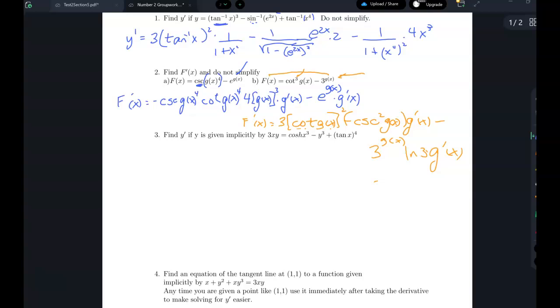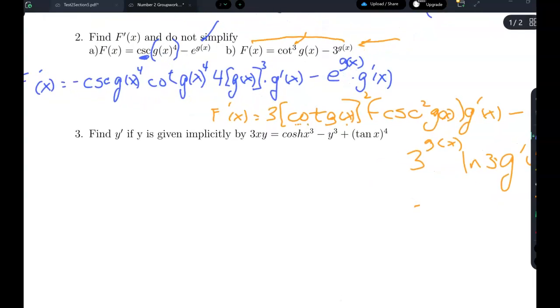Okay, so now we're going to take the derivative. Let me make it a little bigger here. I want you to recognize that there's product rule here. So it's 3x times y. Such an easy thing to miss. First d second plus second d first equals derivative of cosh is sinh.